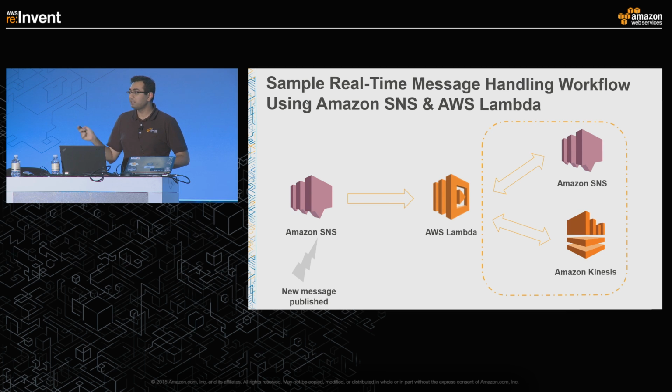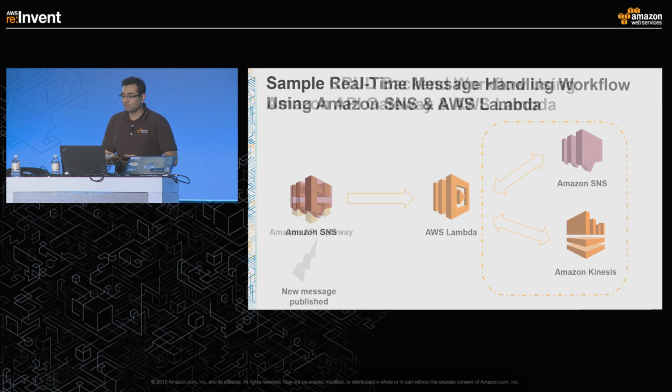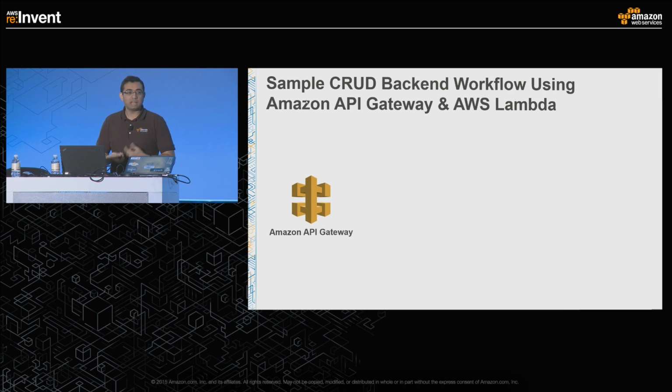The one slightly different architecture I'd like to highlight is how you could use Amazon API Gateway to process requests or API calls the same way you would process data. The difference here is that whenever Amazon API Gateway APIs are called, instead of an asynchronous push, it will be a synchronous call to the Lambda function.